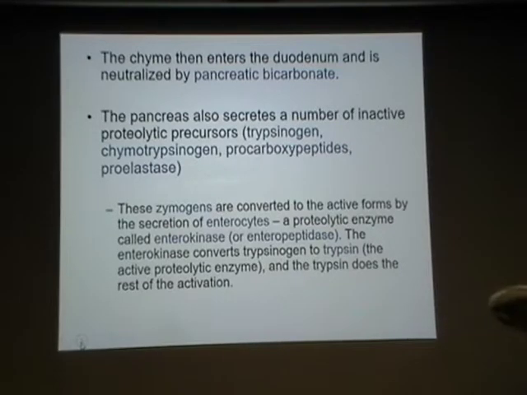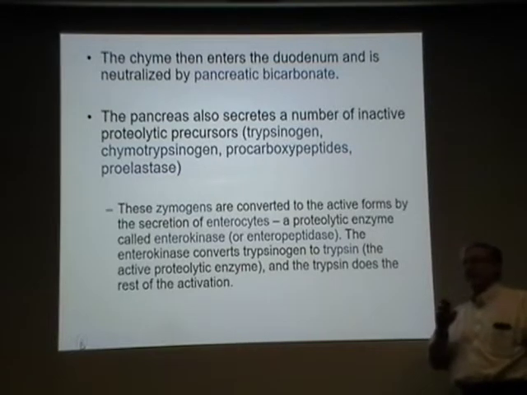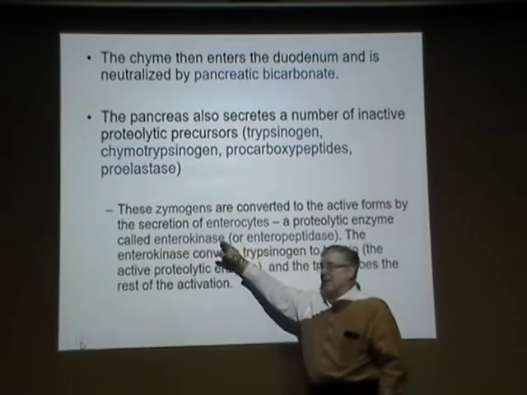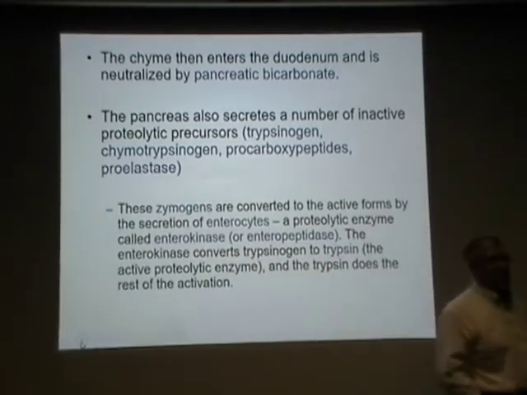Okay, so just like we saw in the stomach, we have these inactive precursors, these zymogens, which need to be activated. And the activation process takes place in the lumen of the small intestine due to an enzyme called enterokinase. Entero for small intestine. Kinase, I don't know. Whenever I see kinase, I figure ATP must be involved.